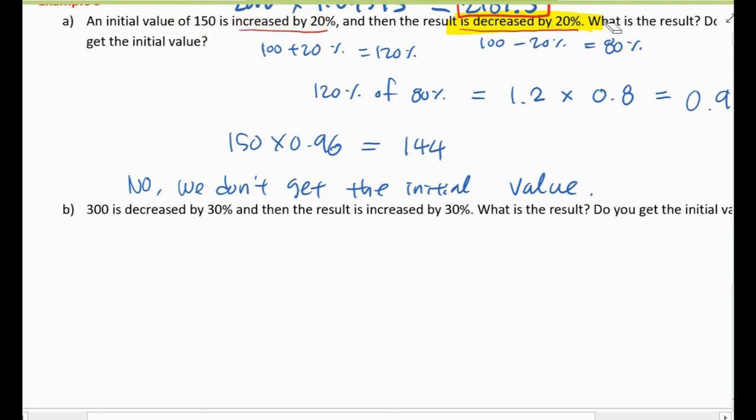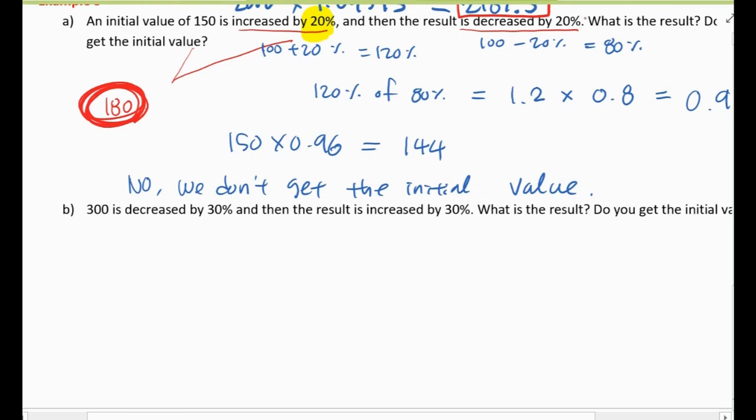Everyone, this 20% is 20% of 150. After increasing by 20%, if you actually calculate it, the result is 180. Then you're going to decrease 180 by 20%. You're not going to decrease 20% of 150; you use the result number to decrease it.